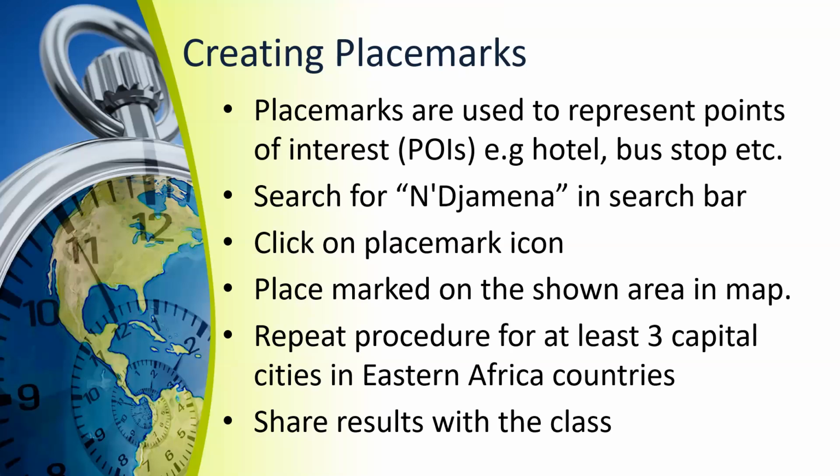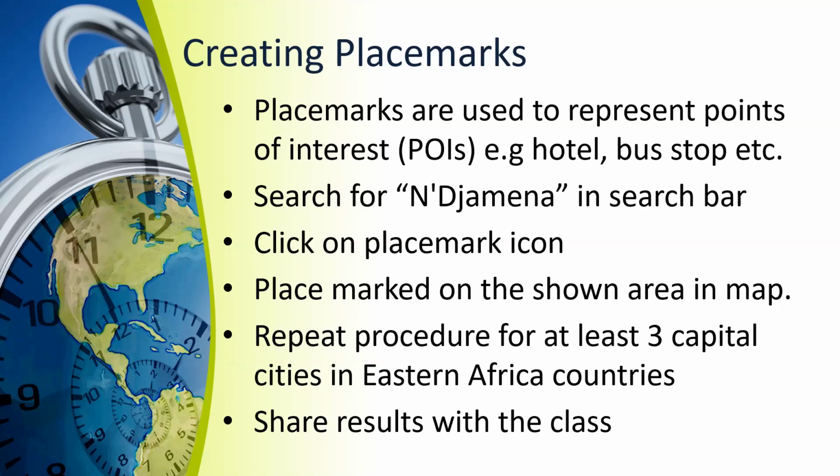So a point of interest could be a hotel, a bus stop, a mall, an airport, a town, or a retail shop somewhere. Those are examples of place marks, which are identified in the geospatial field using points. So as the name depicts, points of interest.